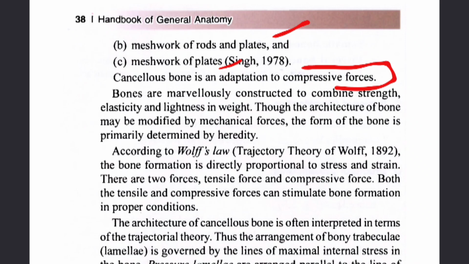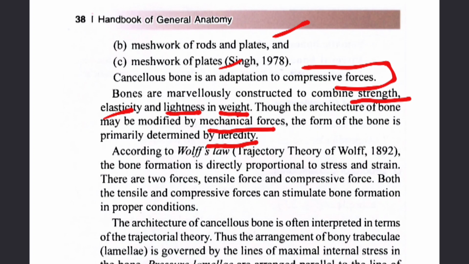But in cancellous bone, there is the adaptation to compressive forces. Bones are marvelously constructed to combine strength, elasticity and lightness in weight. Though the architecture of bone may be modified by mechanical forces, the form of the bone is primarily determined by heredity.